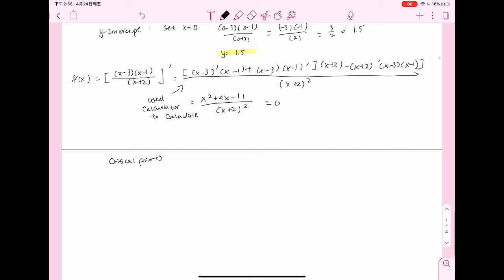To find our critical points, we must let x squared plus 4x minus 11 equal 0.